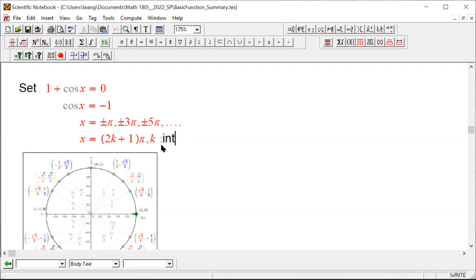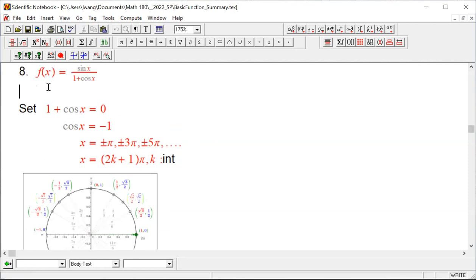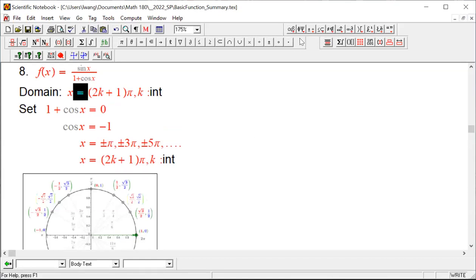So that's odd number multiples of pi. So in the end, the domain is what? The domain is x cannot be odd number multiples of pi.